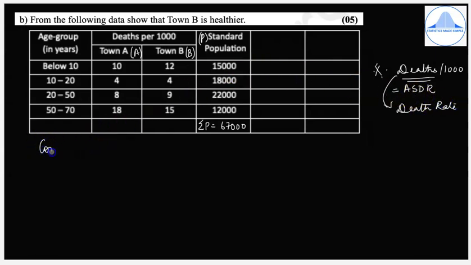So now let us write the formula for STDR, because they've asked us to show that town B is healthier, that means we have to find out the standardized death rate.